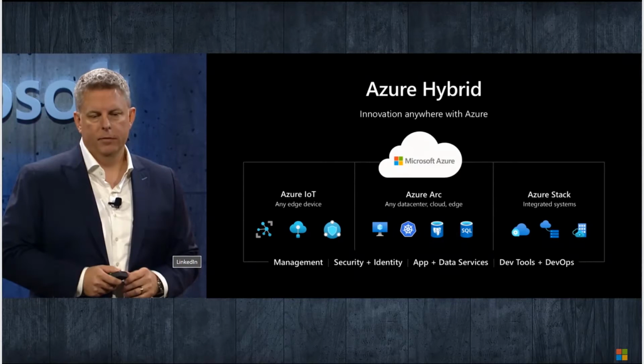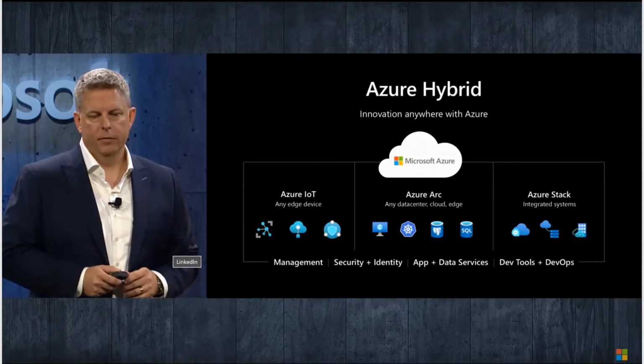Now, what a lot of people don't know is that Azure really was built from the ground up to be hybrid, right? It's not something where we said, okay, we started doing hybrid last year. Actually, we did hybrid with many of the services we had already for a long, long time, right? Because we saw that there's a need for customers to make their on-prem environment better by using hybrid services.